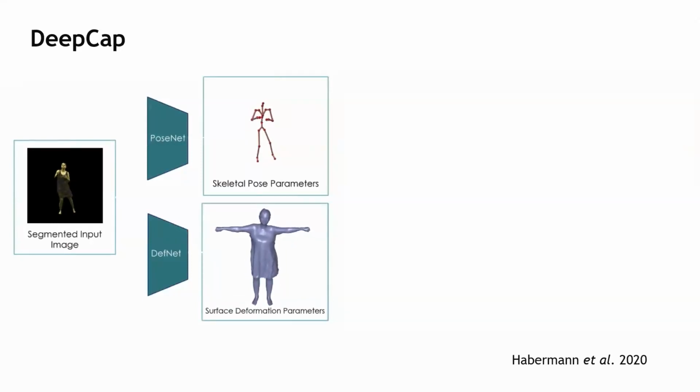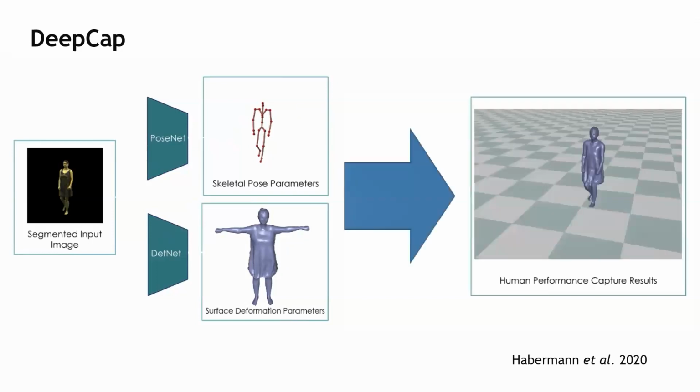Because it's a template mesh, you know everything. You can bring it down to the canonical pose quite easily because you know the skinning weights, and you learn the deformations living in this canonical space. There are reasons this is better than learning in the pose space, because it becomes easier here. And once you have this, we can fuse the two of them together to get the full human performance capture.